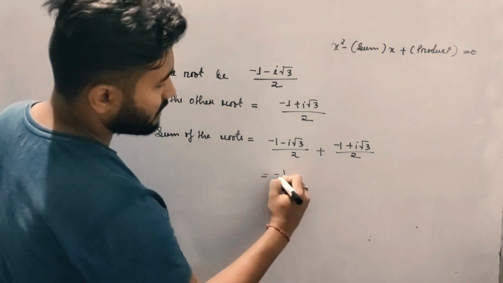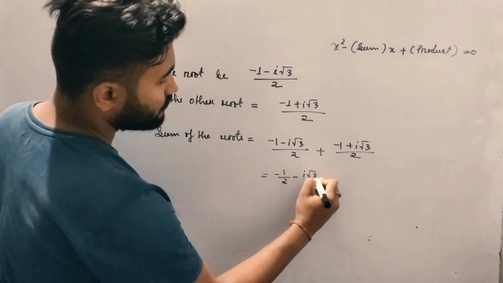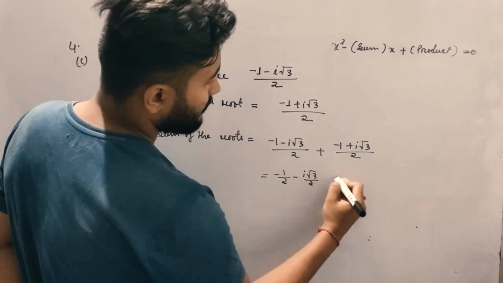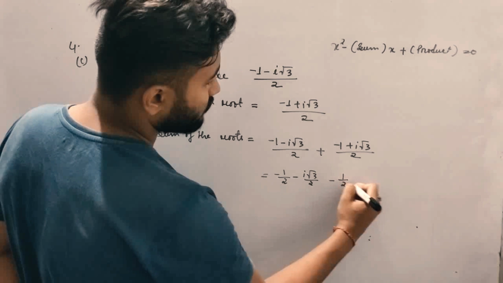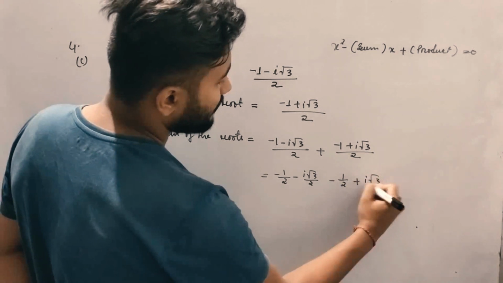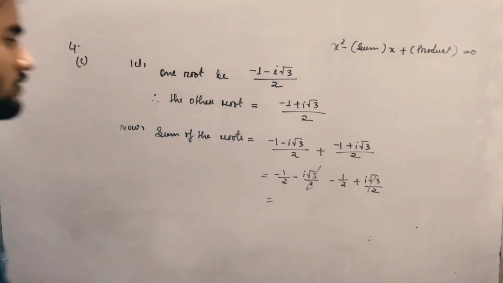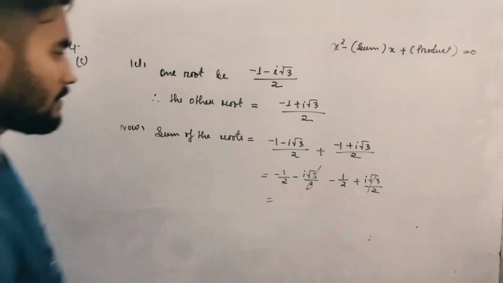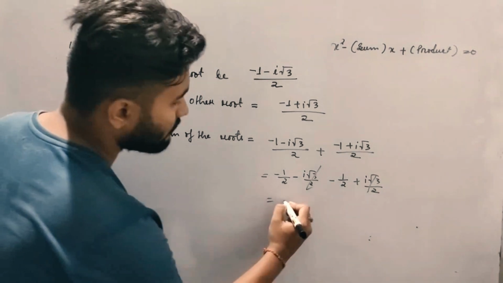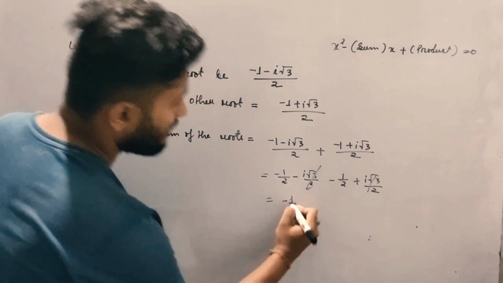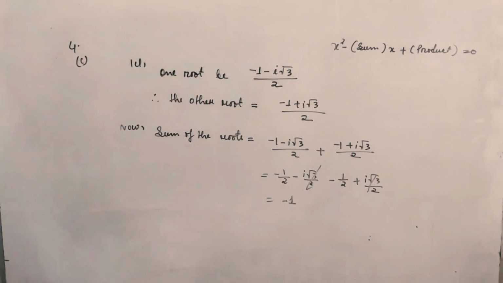So this is minus 1 by 2 minus i root 3 by 2 plus minus 1 by 2 plus i root 3 by 2. So this cancels. Minus half and minus half will be minus, common, half plus half is 1, right? So minus half plus half is minus 1. So the sum of the roots is minus 1.